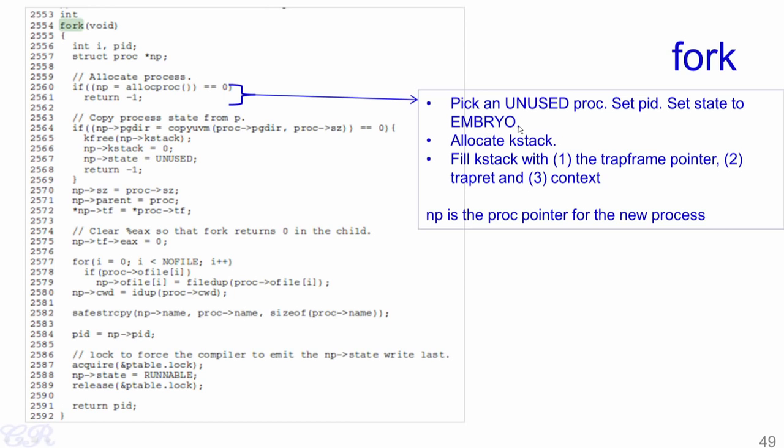Recollect that in xv6, EMBRYO means a new process which is not yet ready to be executed. The PID for the new child process is also set. Other things which are done in allocproc are the allocation of a kernel stack and filling the kernel stack of the new child process with things like the trap frame pointer, the trapret as well as the context.